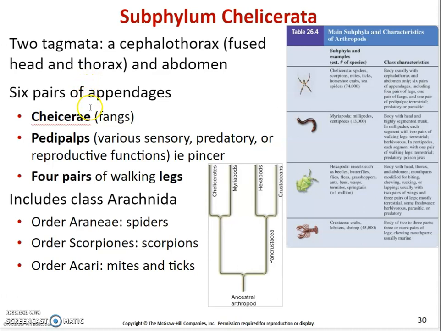They have 6 pairs of appendages, 4 pairs of walking legs, and pedipalps. These are like pinchers, right, or different sensory organs like antennae. And then they have chelicerae, which are their fangs. And they are spiders, scorpions, and little mites and ticks, things like that.